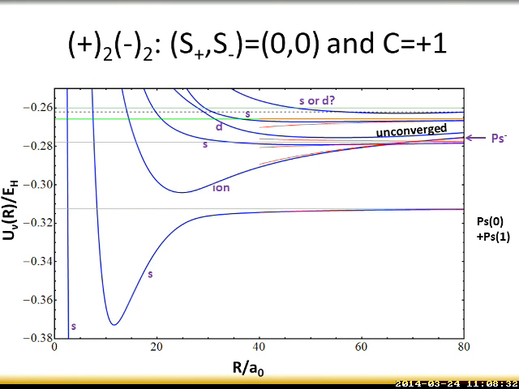So this is the first excited state, and then we have the second excited state, in which you can have either an S or D wave positronium, and then things start to get not converged. Because this is a basis set expansion approach, so in the variational framework, if I don't include enough basis functions, I'll eventually not reach convergence as I go up in energy.